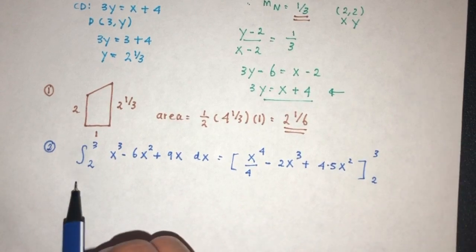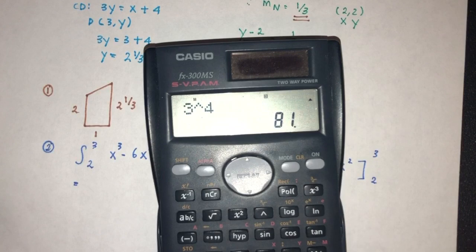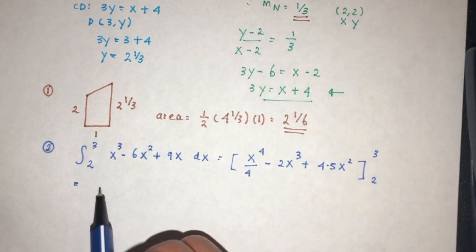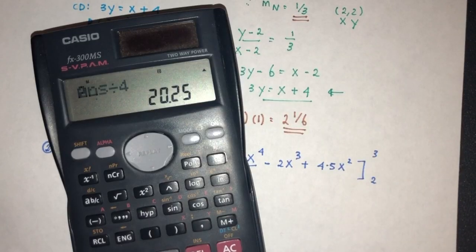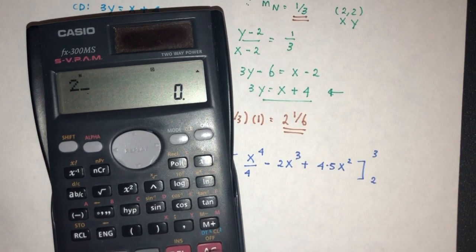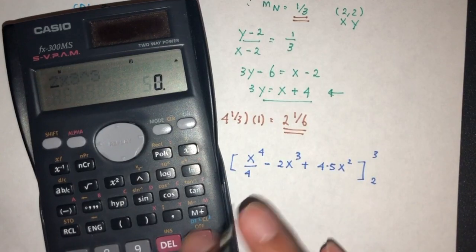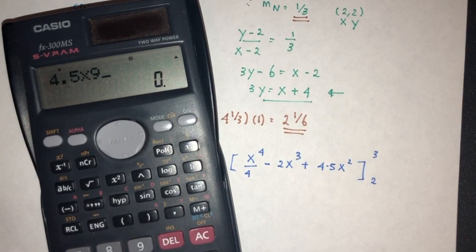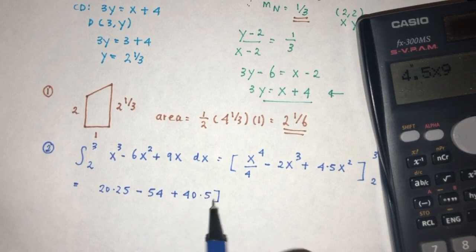Now simplify. 3 to the power 4 is 81 divided by 4, that should be 20.25, then we have minus 2 times 3 to the power 3, which should be 54, and here we have 4.5 times 9, that should be plus 40.5.